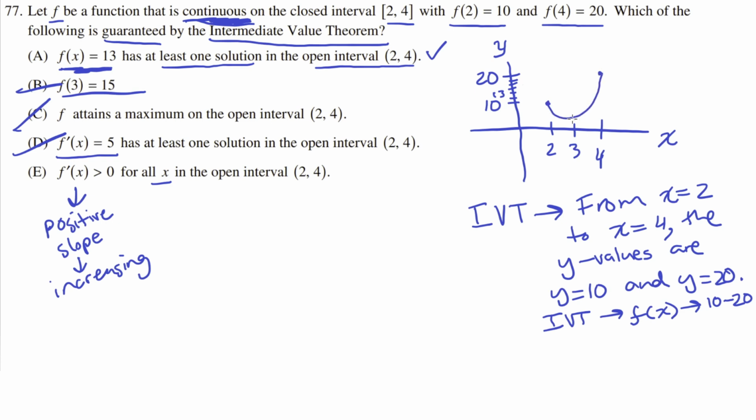We could draw it something like this. Here in this initial region, we have negative slopes because our function is decreasing. The y values are going down. But in the end, all that matters is we're still getting from 10 to 20 between these 2 points. So no, we don't need to have a positive derivative for all x between these 2 points. So A is the correct answer.